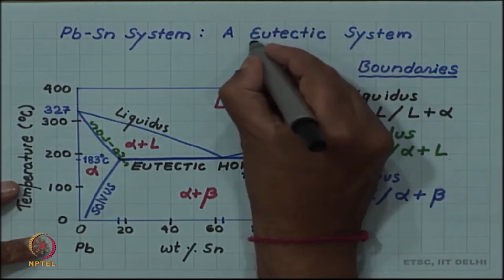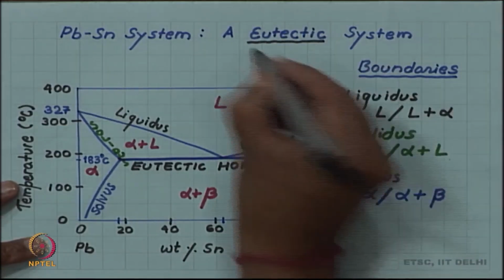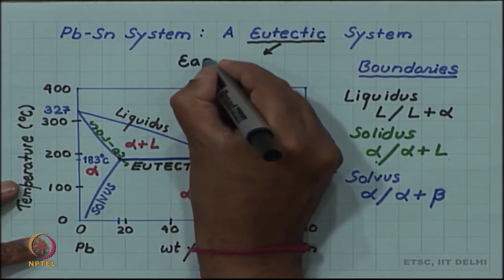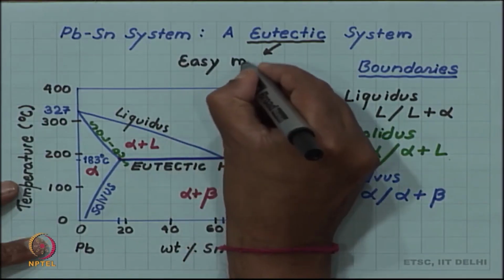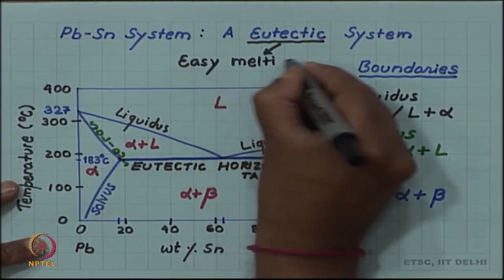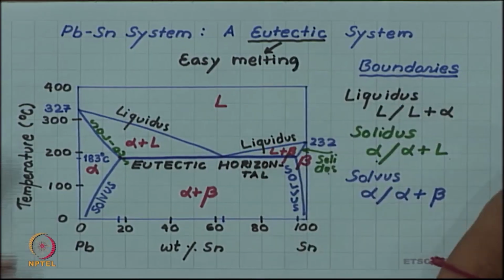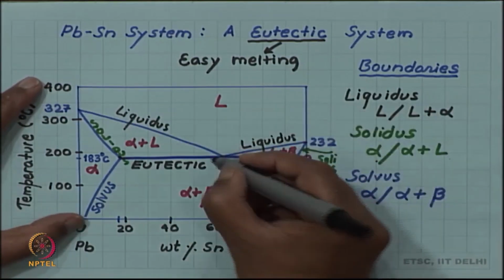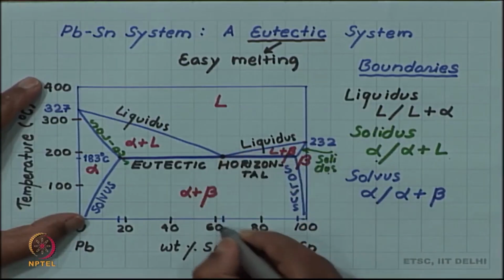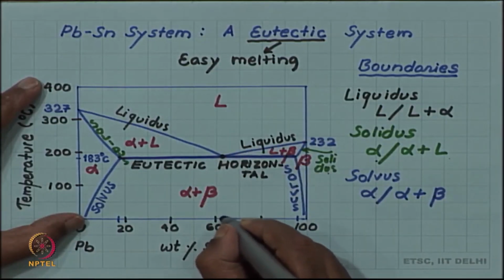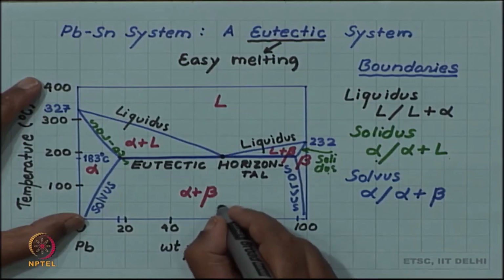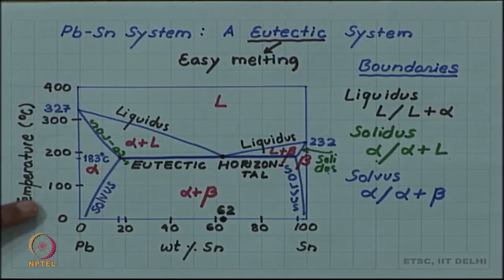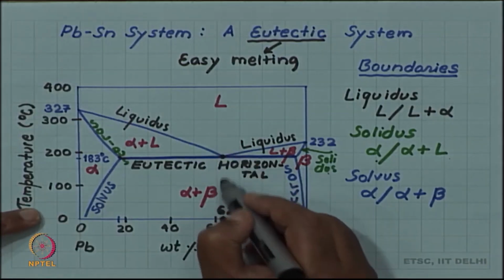The name eutectic comes from the meaning of eutectic, which is easy melting. So, in this alloy system there is one composition, and that is the 62 weight % tin.